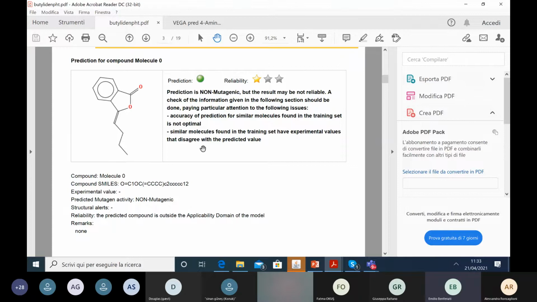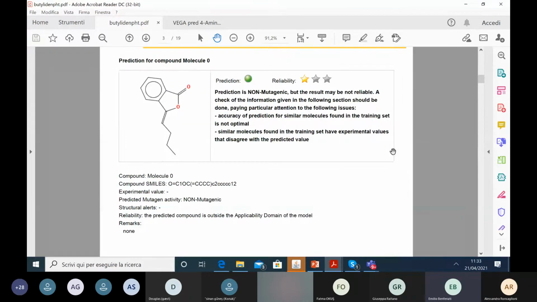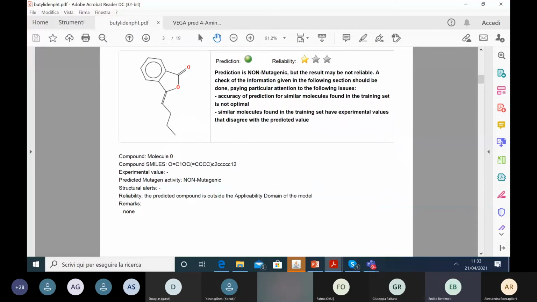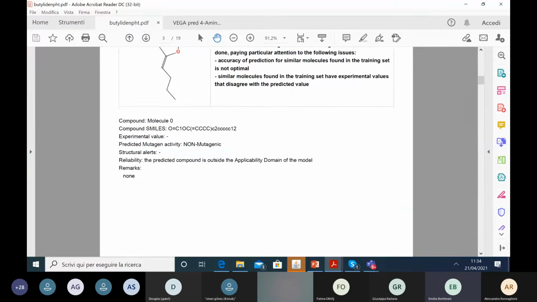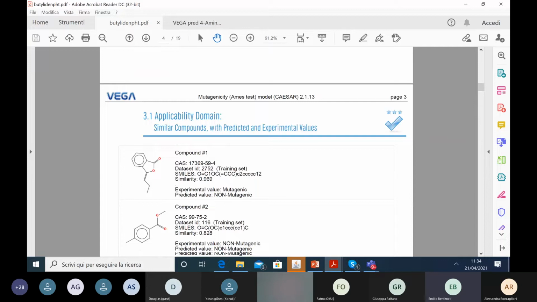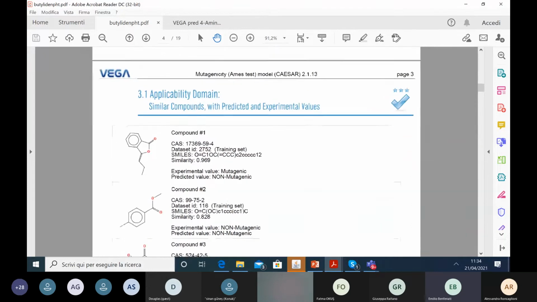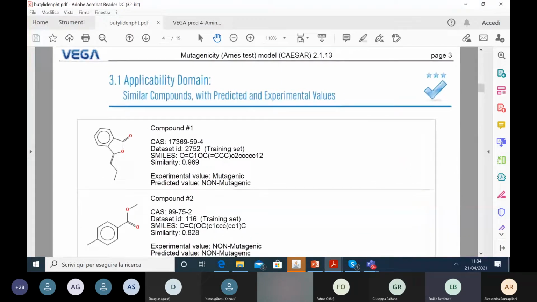So here, only considering the Caesar model, I have this target compound, which is predicted non-toxic. So I have one line of evidence, which is the prediction. But I have another line of evidence, which is the read across, which is very strongly pointing toward toxicity. So to me, it will be very, very difficult to overrule this very strong line of evidence.